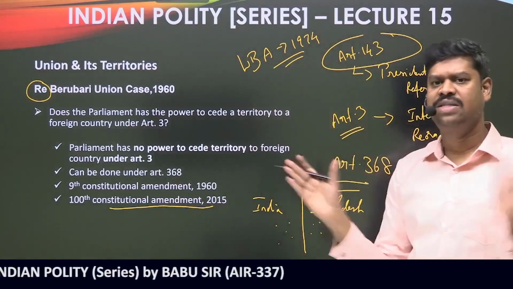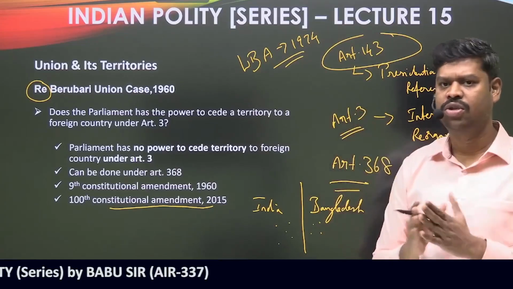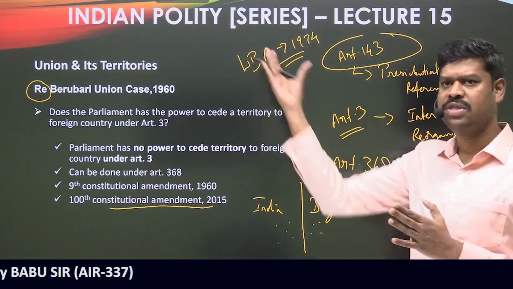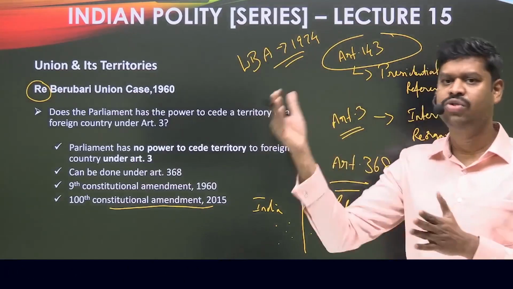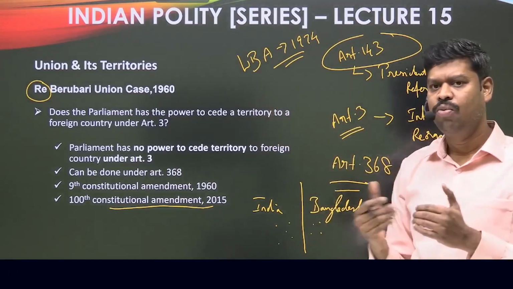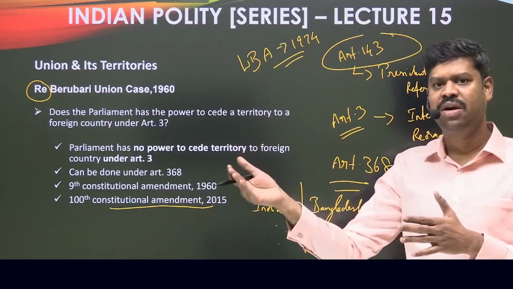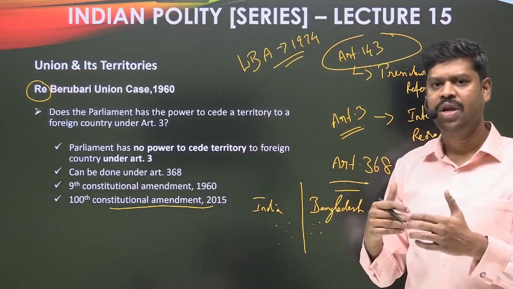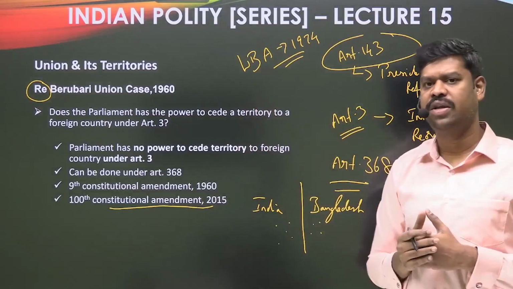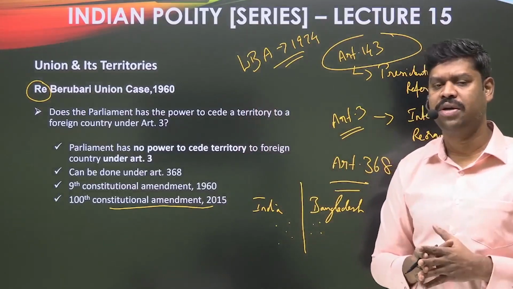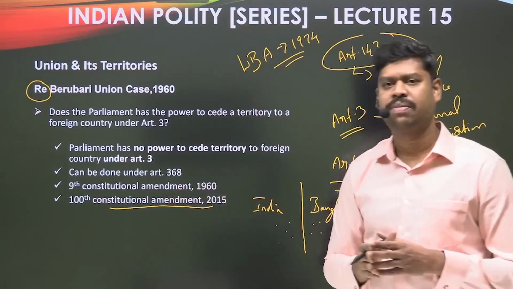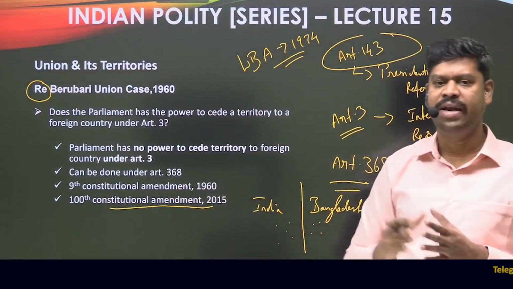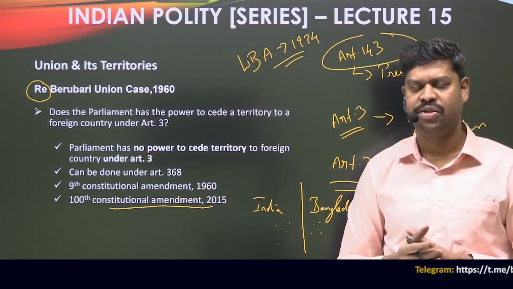Thereby we will exchange these enclaves and put an end to this issue. But to cede those enclaves to Bangladesh, because the Indian enclaves in Bangladesh are Indian territory, and to give these territories to Bangladesh, you need to make a constitutional amendment. That amendment was done by the 100th Constitutional Amendment Act 2015. Thereby India has exchanged these enclaves with Bangladesh.